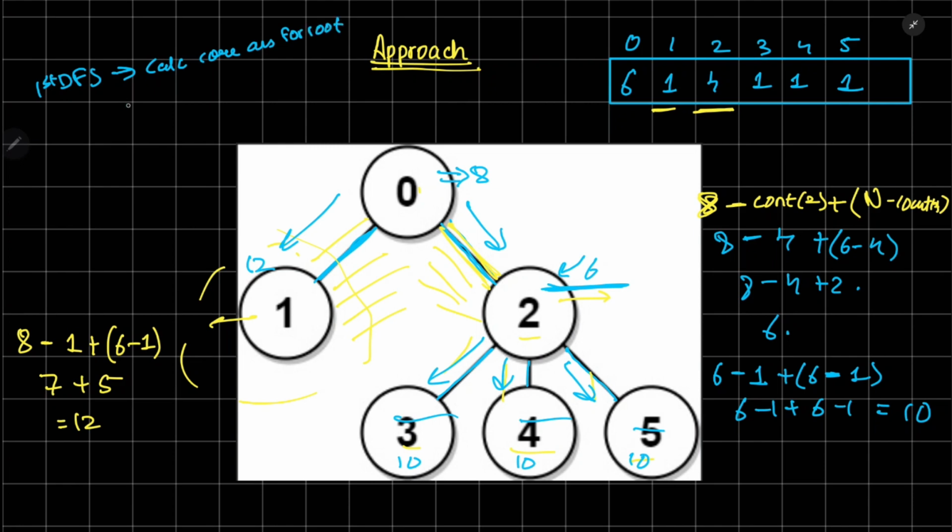And what else will it do? It will calculate this count vector, and that's all. The first DFS will do this, and the second DFS will use this count value, and by doing DFS starting from this root node for which we have the correct answer, it will update its children and then go to their children. So now the children can also use this formula to get the correct answer.